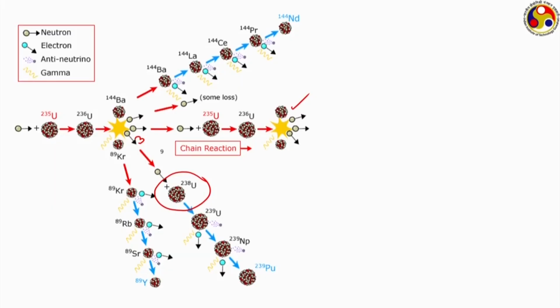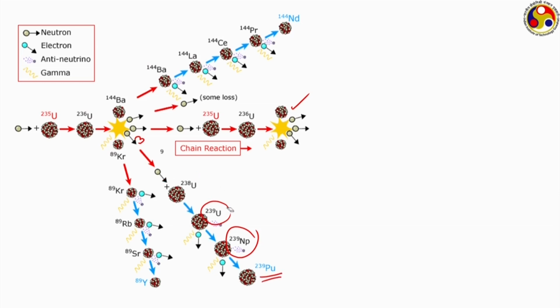But as soon as it captures one neutron, it becomes uranium 239, and uranium 239 is highly unstable, it has extremely small half life. Therefore, it immediately decays following a beta emission to get converted to neptunium 239. Again, neptunium 239 is also a highly unstable isotope, it also goes through a beta decay, thereby finally producing plutonium 239.